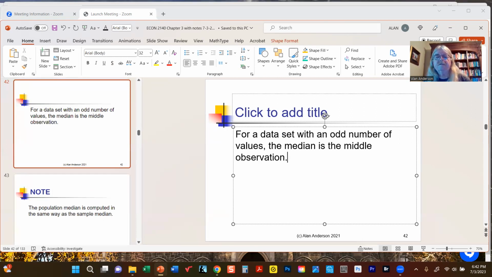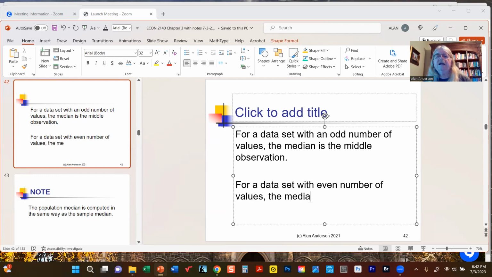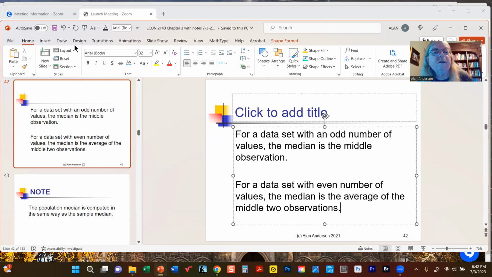And that's all there is to it. For a data set with an even number of values, the median is the average of the middle two observations. And that's it. That's all you have to remember.